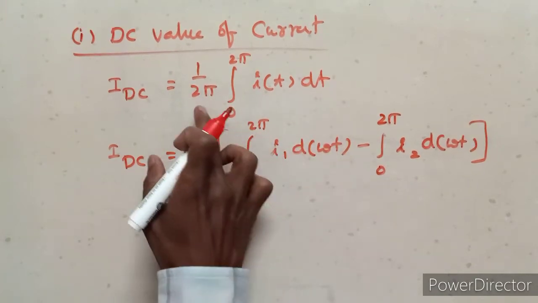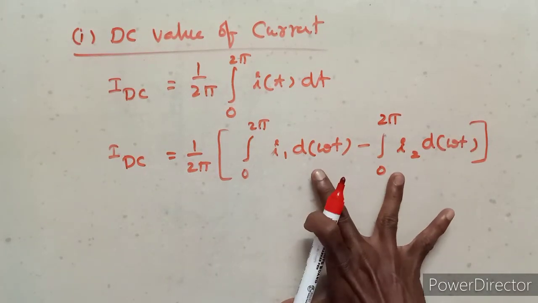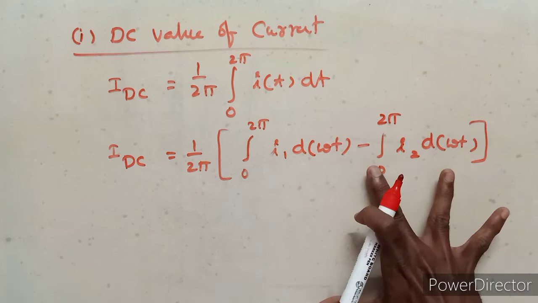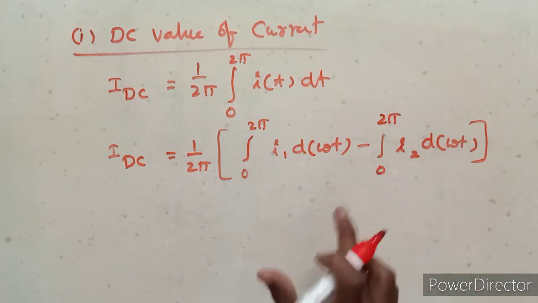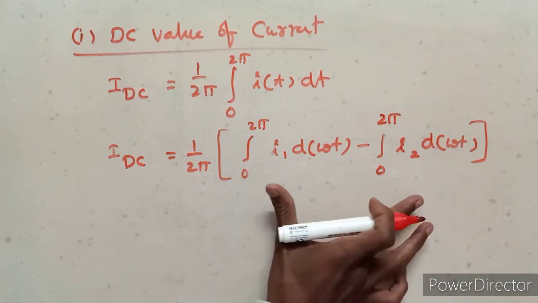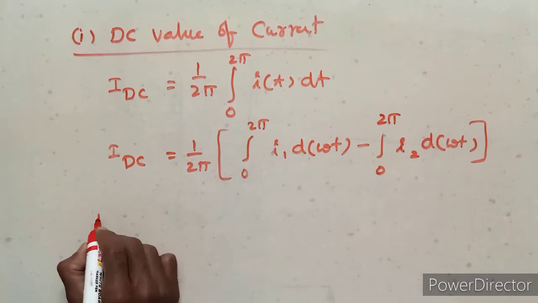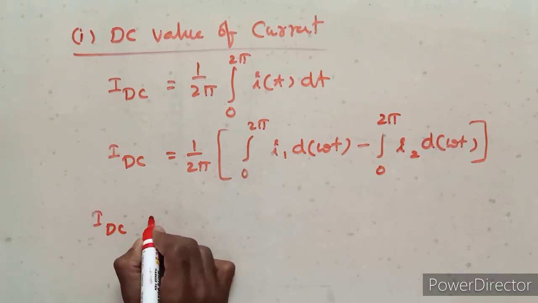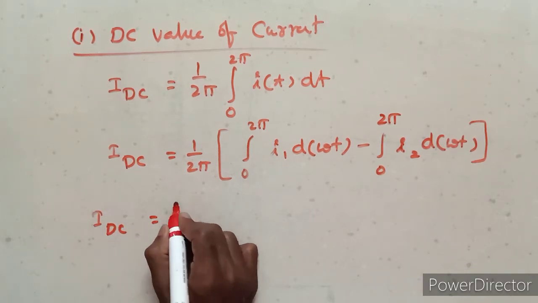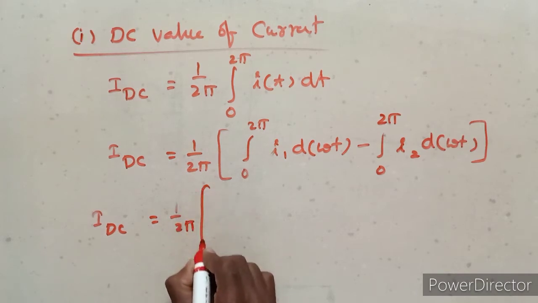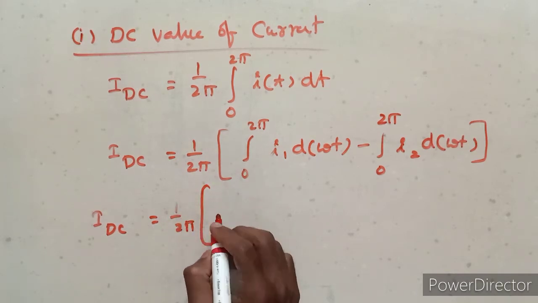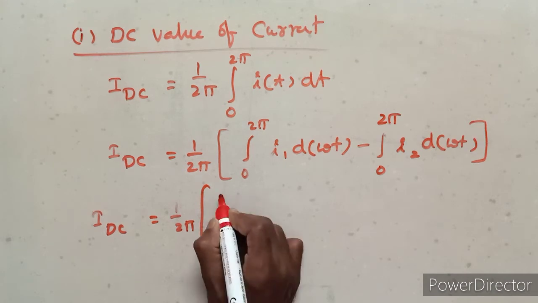This formula can be written in terms of two currents: one is the forward current, another is the reverse current, so it is the minus. So the DC current equals 1 upon 2 pi integration 0 to pi.